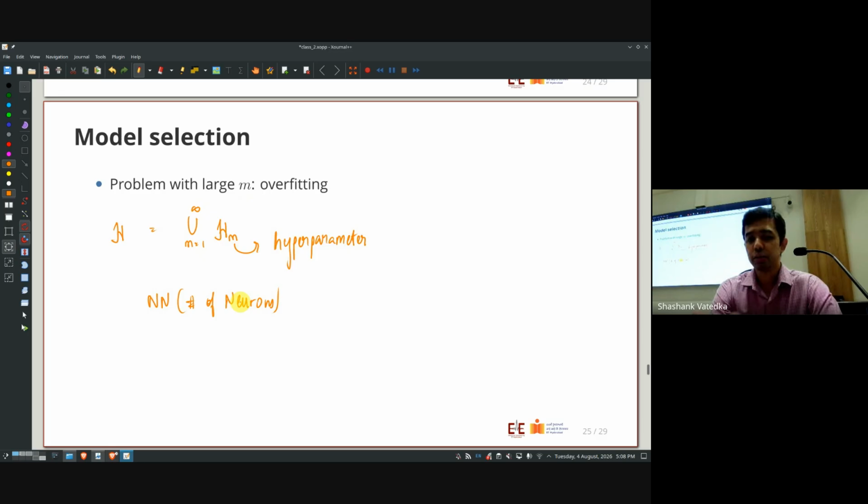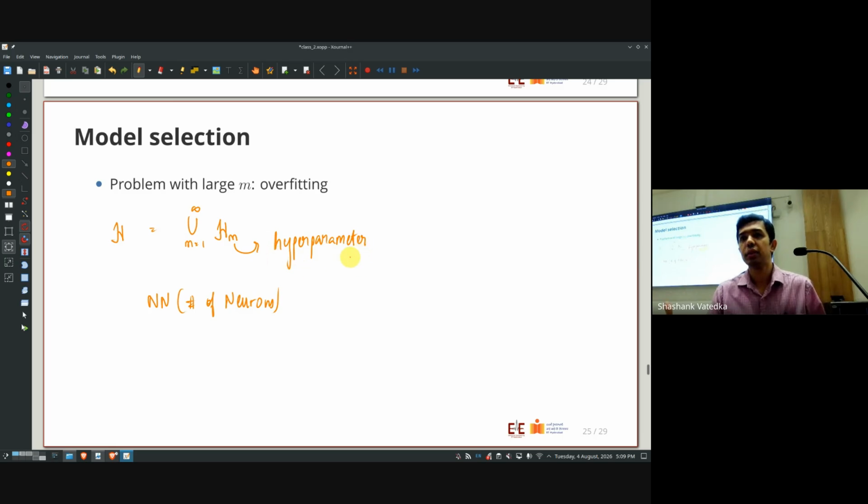Similarly, if you choose a convolutional neural network, then the size of your convolutional kernel and many other quantities are things you want to choose, typically discretely. These are not trainable parameters, but you have to make discrete choices about the size of your hypothesis class. And this is typically a hyperparameter.